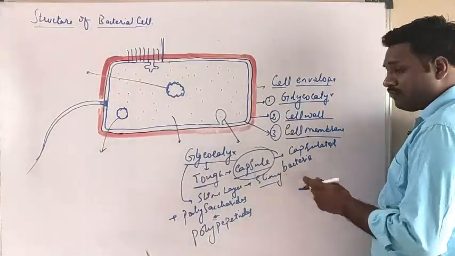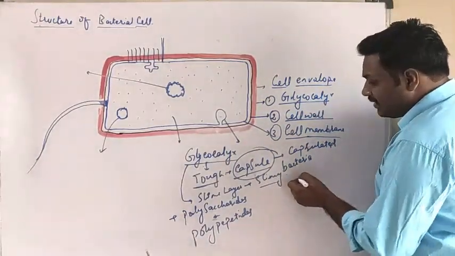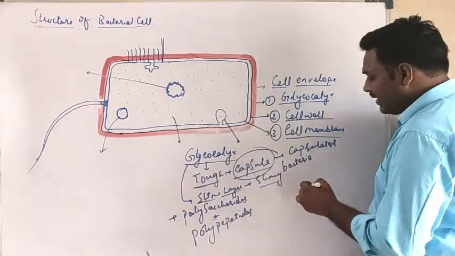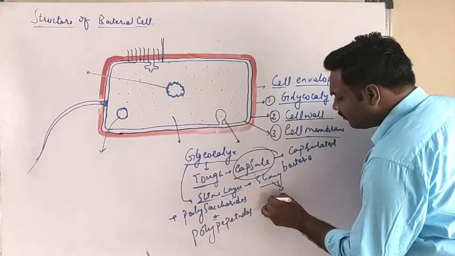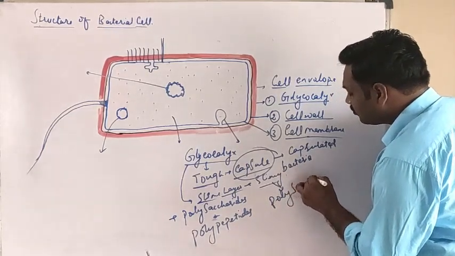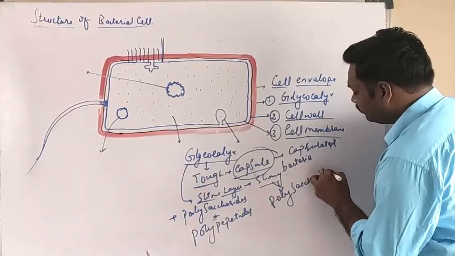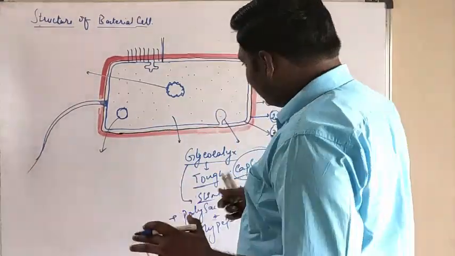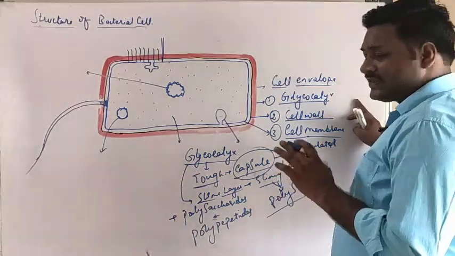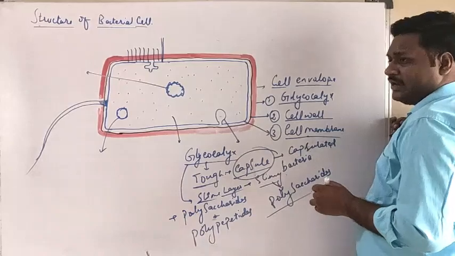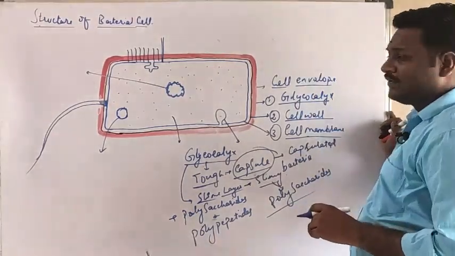While the slimy layer, the soft layer of the glycocalyx, is composed of only polysaccharides. So, this is the information about the glycocalyx, the outermost part of the bacterial cell, or the first part of the cell envelope.